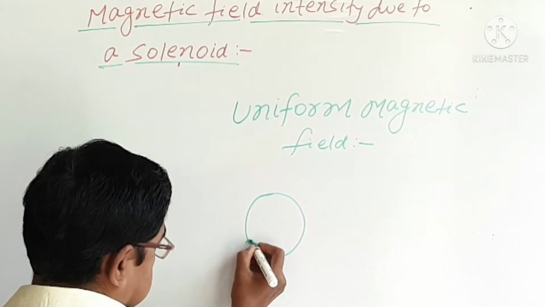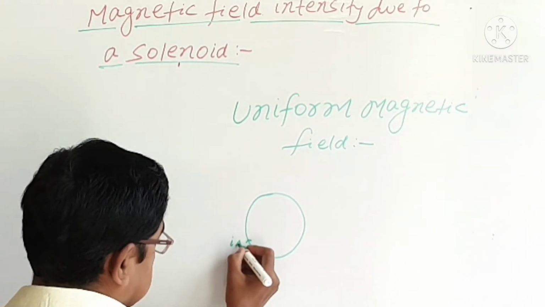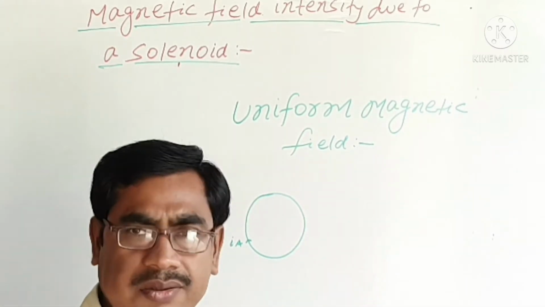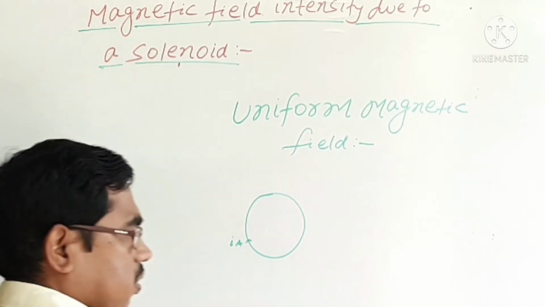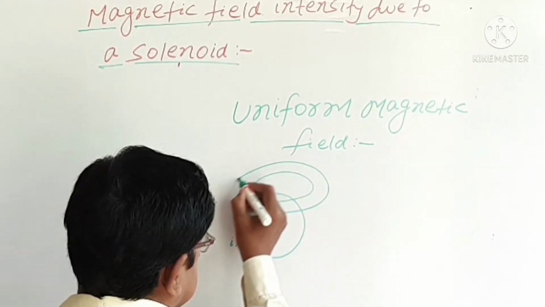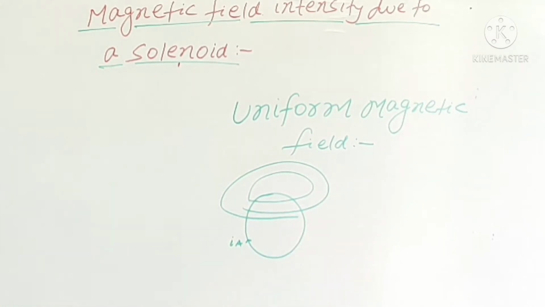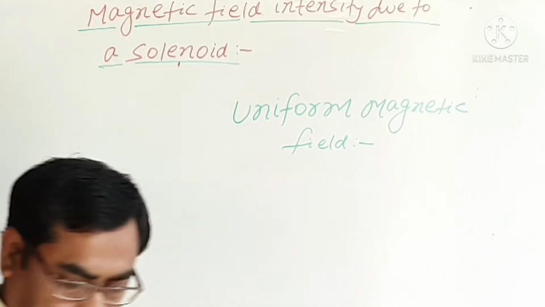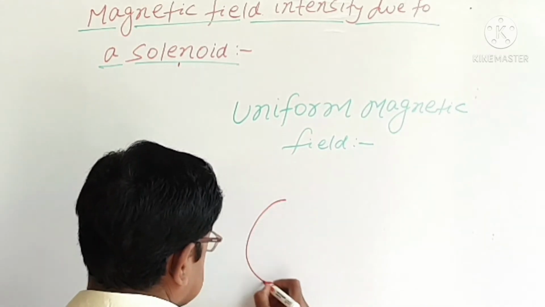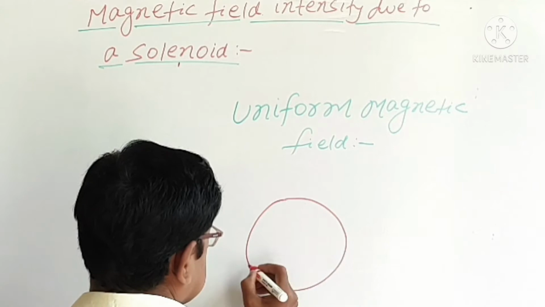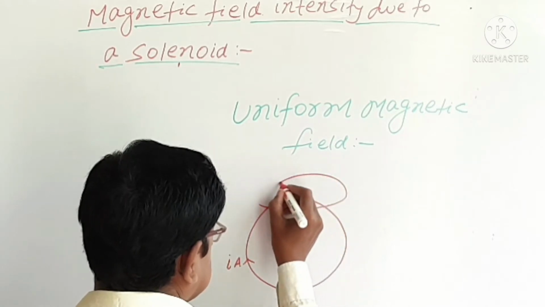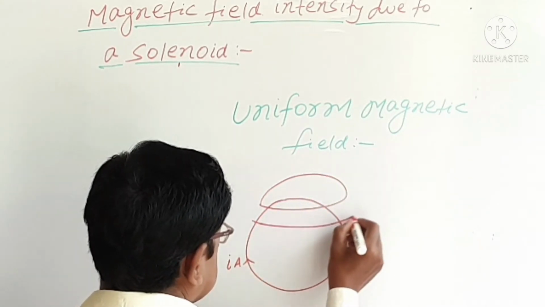If some amount of current, that is I ampere, is flowing through this wire loop, then we know that the magnetic field configuration is this way.